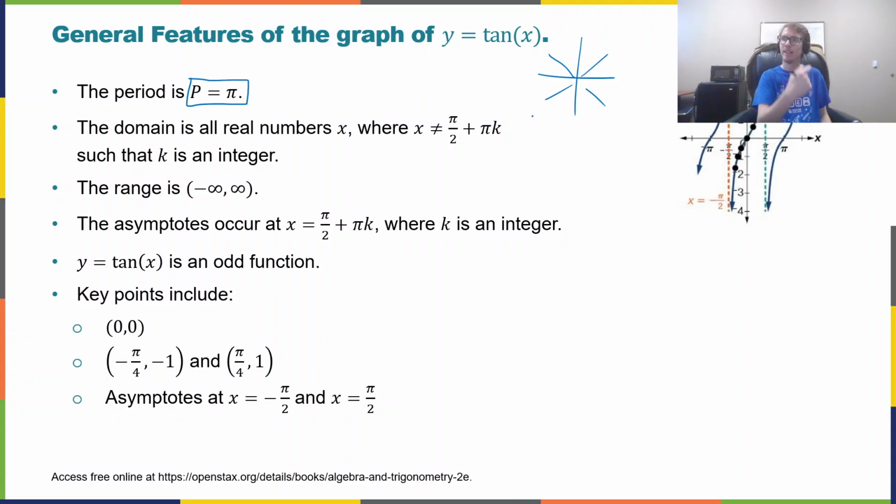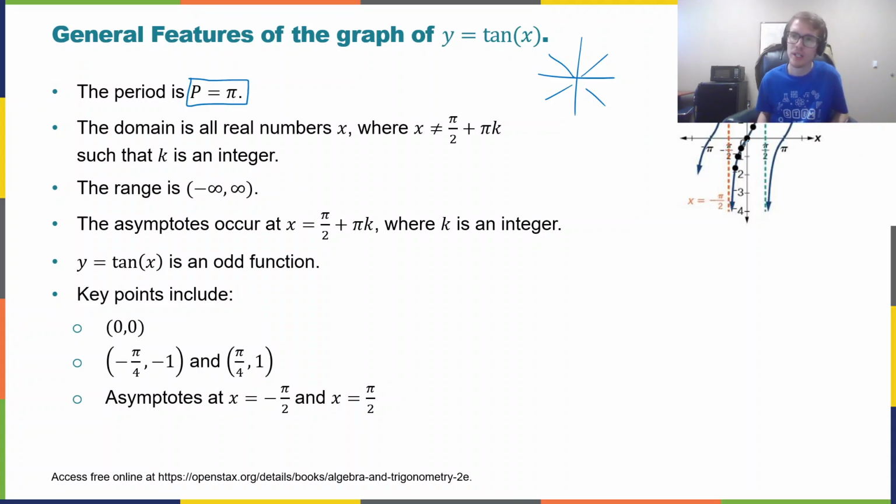So every pi, every 180 degrees, we come back around to those values. The domain is all real numbers x, where x is not equal to pi over 2 plus pi k. So we have our first asymptotes at negative pi over 2 and positive pi over 2, and then every pi after that, we have another asymptote.